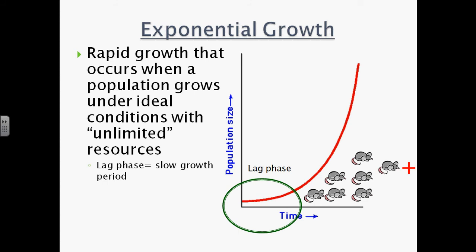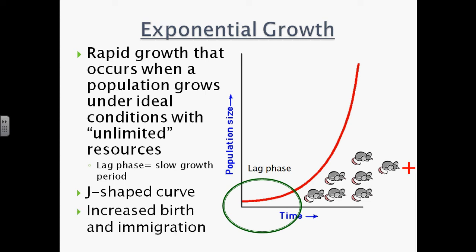There is a lagging phase, so this is the slow growth period, and you can see that happens initially, and then it exponentially increases past that. You'll also see that exponential growth has a J-shaped curve. You see that lag phase, and then you see it shoot up. You'll also notice that there is increased birth and immigration when we see exponential growth.